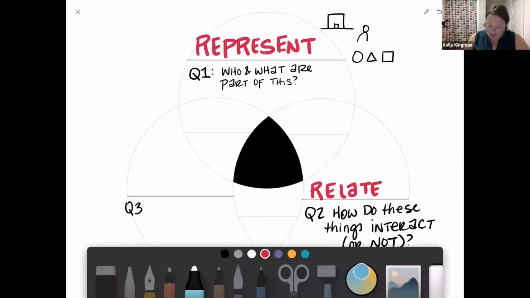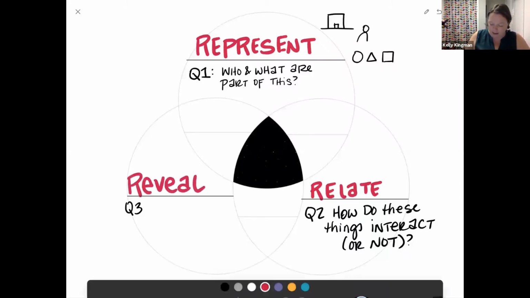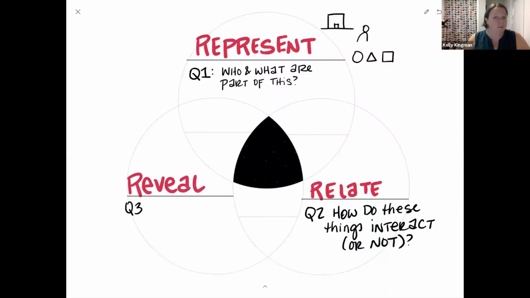And then the last part is reveal. Reveal is about making meaning of this. So what does it mean?